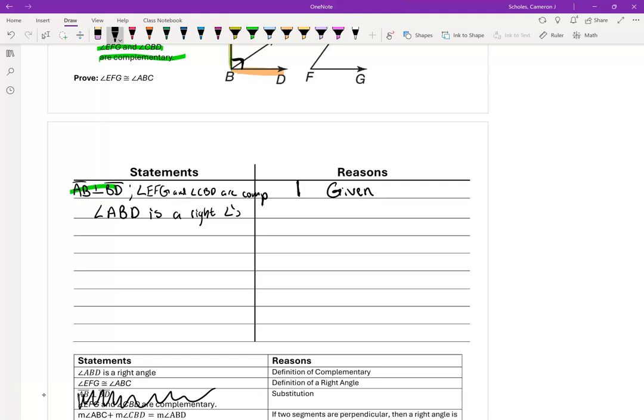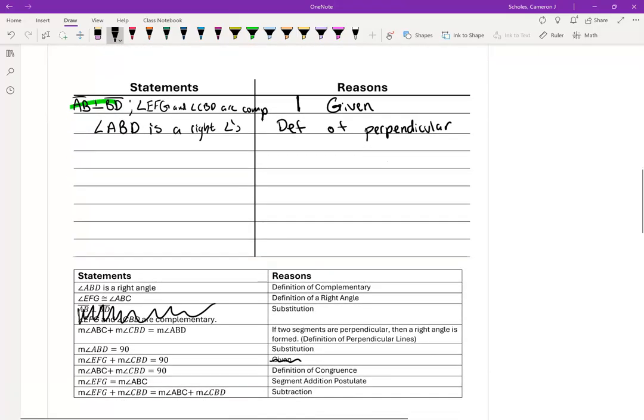We know that because we are using the definition of perpendicular. Or you could say, if two segments are perpendicular, then a right angle is formed. Or you could just say perpendicular lines.